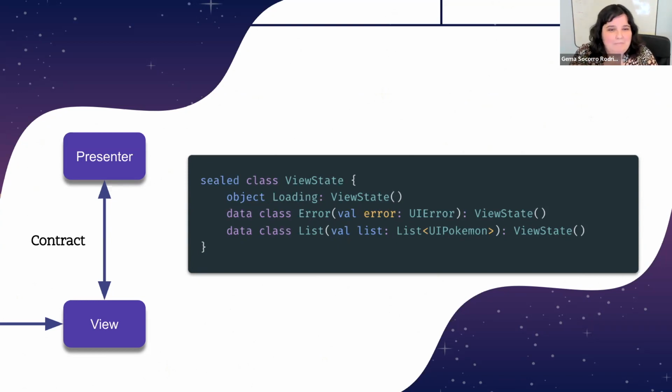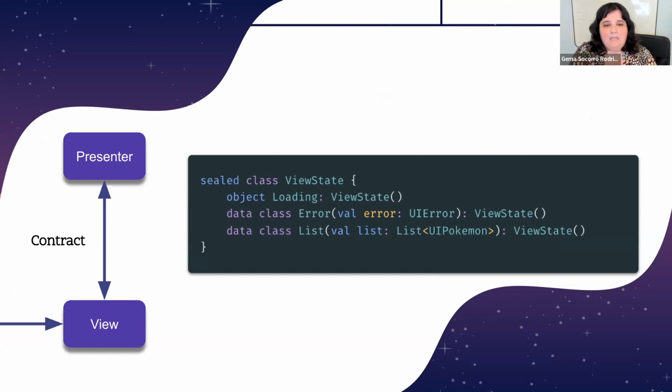So you are maybe wondering, okay, great, but which one should I use? I will say that I will try to always use the sealed class view state if I can, but sometimes you cannot use the sealed class. The sealed class is preferred for the cases where the different states of your view can be separated and are mutually exclusive.